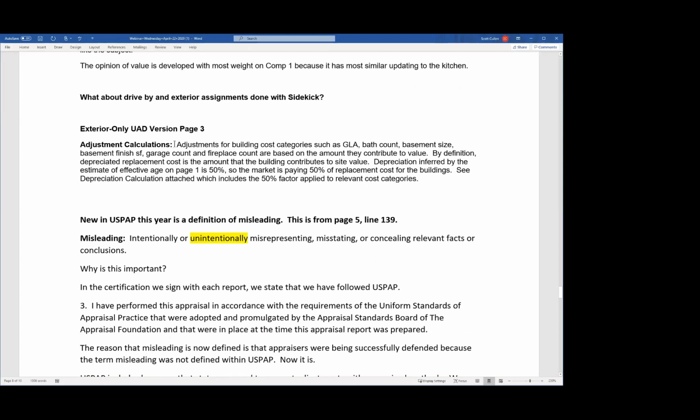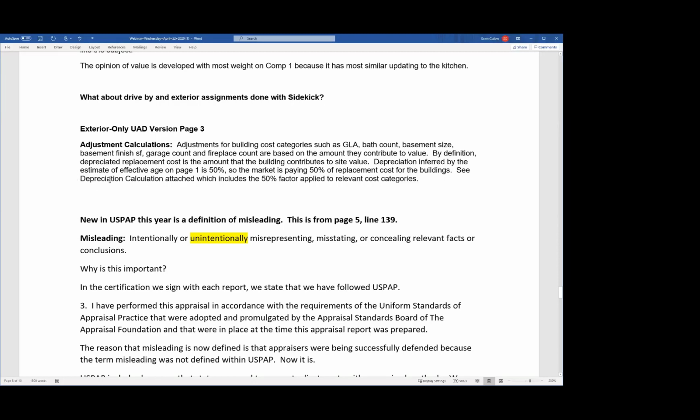Adjustments for the building cost categories are based on the amount they contribute to value, right? Depreciation is inferred by the estimate of effective age on page 1, which is 50%. So the market is paying 50% of replacement costs for the buildings.